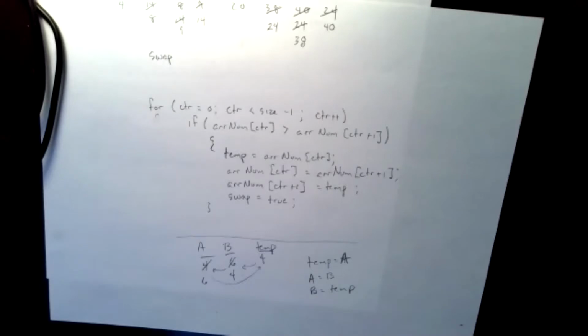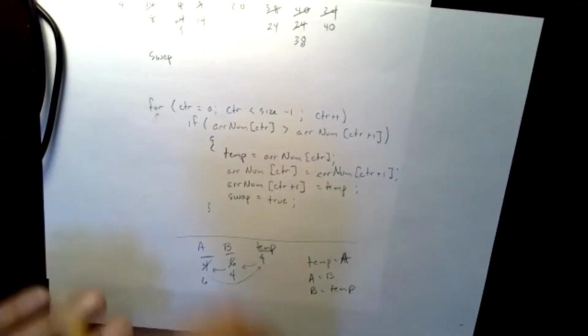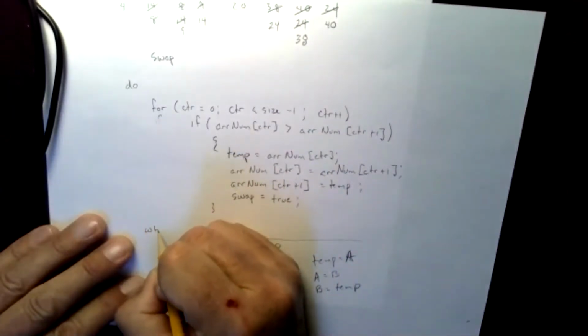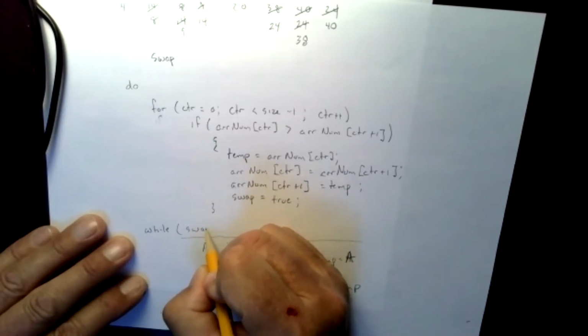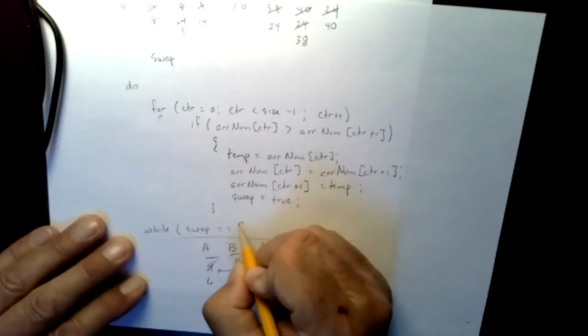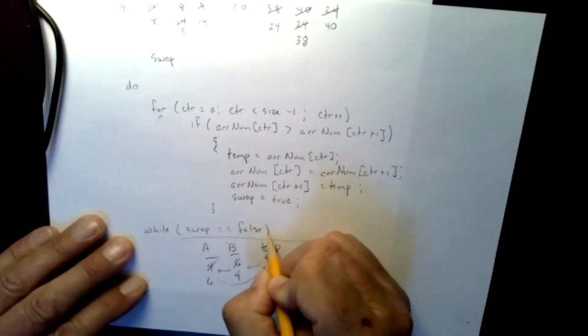So what's my do loop gonna be here? Do this swap, while swap equals false.